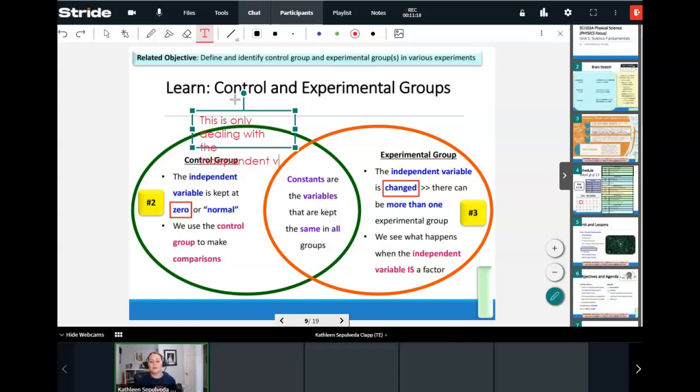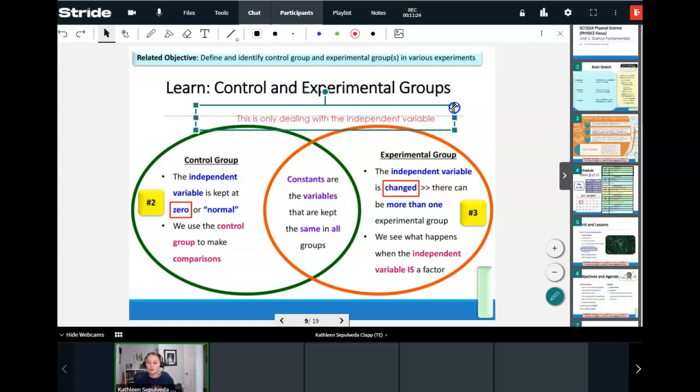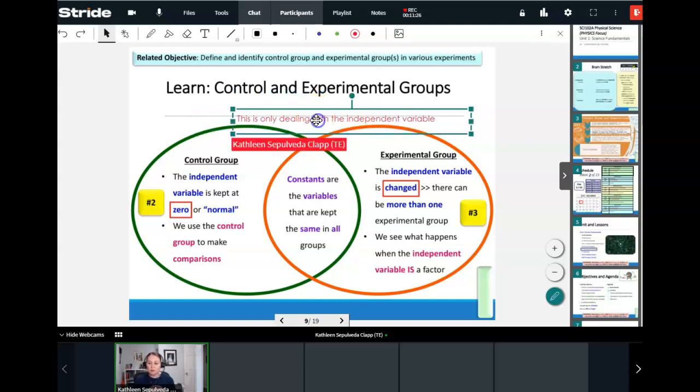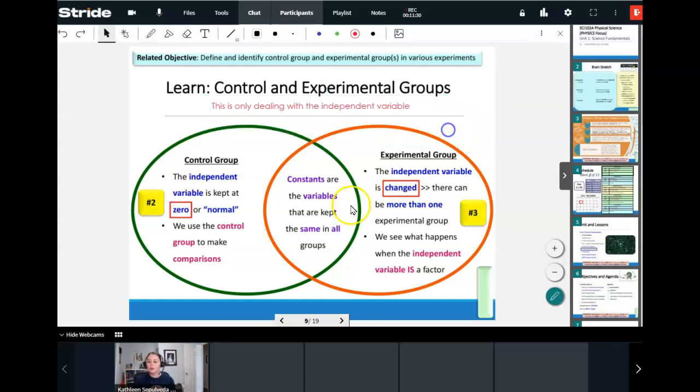So when we talk about control groups and experimental groups, it's only dealing with that independent variable. In that independent variable, we're looking for something that has 0, normal, baseline.